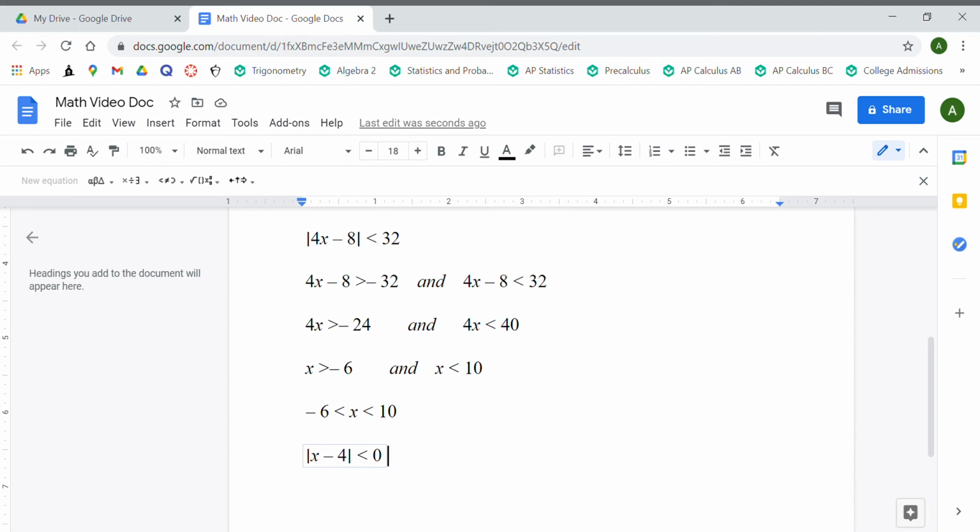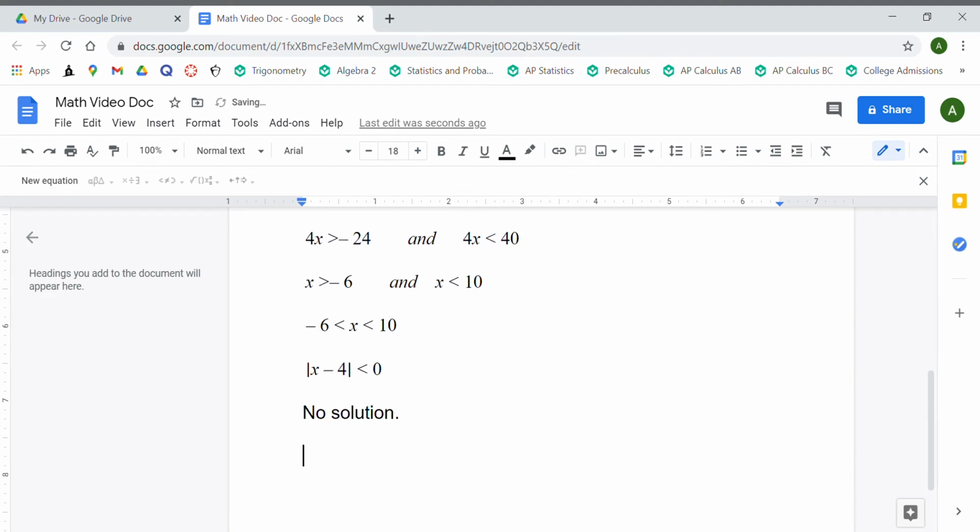Therefore, the absolute value cannot be less than 0. So really, this inequality has no solution.